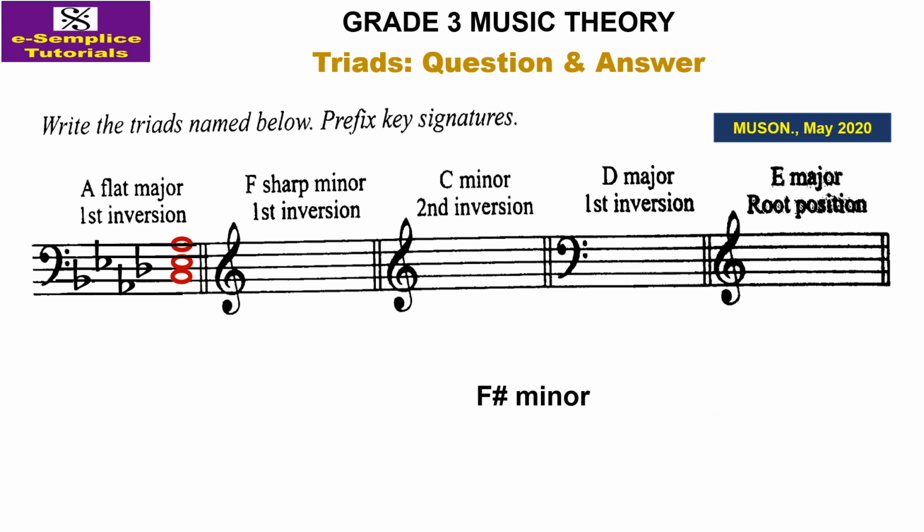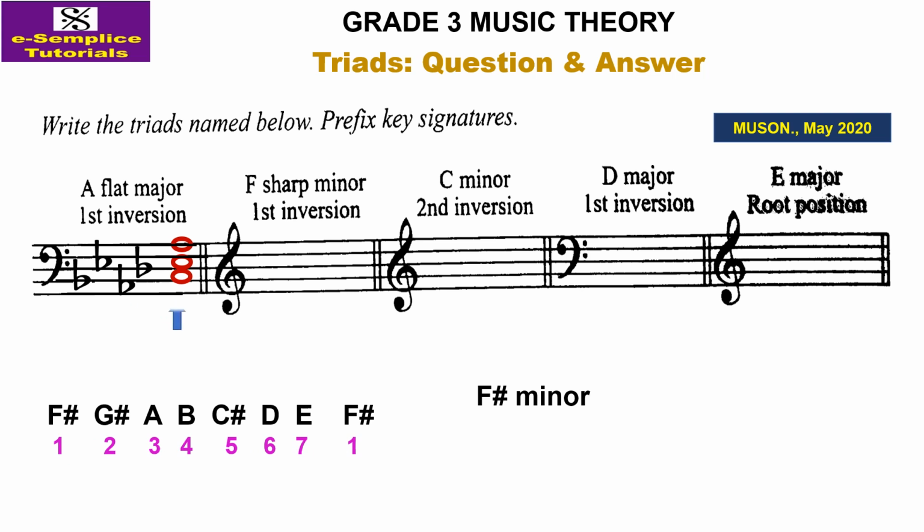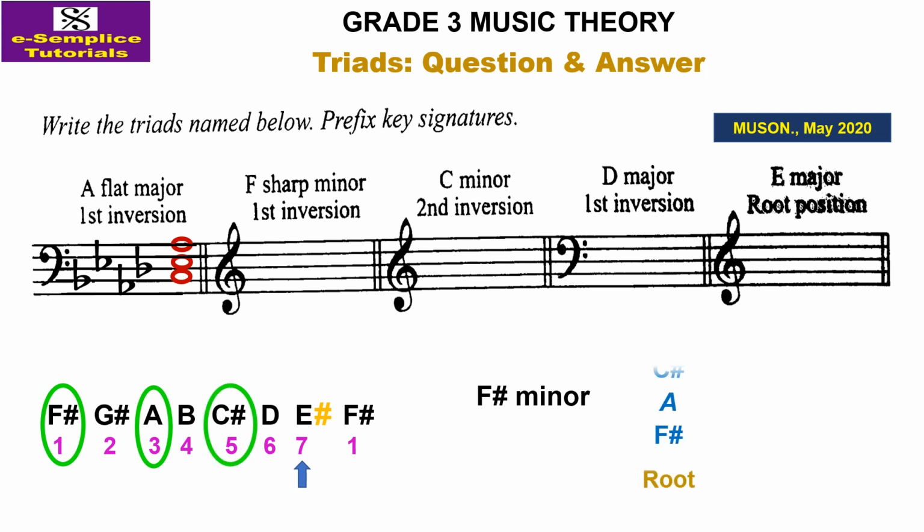Let's move to the next one, which is F sharp minor, first inversion. The notes in F sharp minor scale, the degrees of the scale, the seventh note has to be raised, then the tonic, the third, and the fifth.